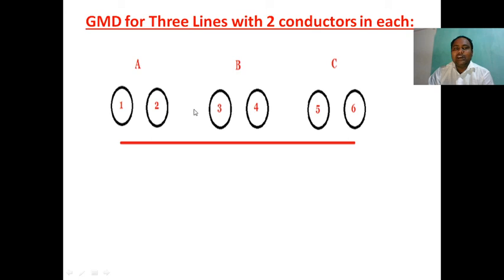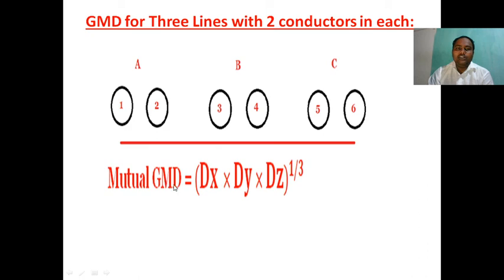Mutual GMD is the distance between two phases, DAB, DBC, DCA whole power 1 by 3, just like the previous case. So the formula of mutual GMD is equal to Dx Dy Dz whole power 1 by 3. Dx is nothing but the A to B distance, B to C distance, C to A distance.